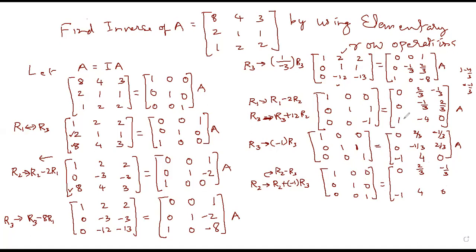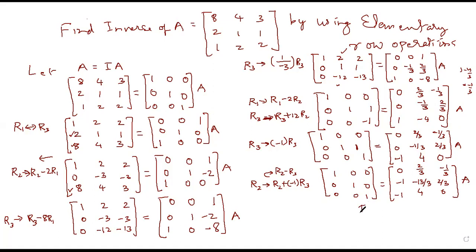Now R2 minus R3: 0 minus 1 is minus 1, and minus 1 by 3 minus 4 is minus 13 by 3, correct, and 2 by 3 minus 0 is 2 by 3. So we got the inverse of A.